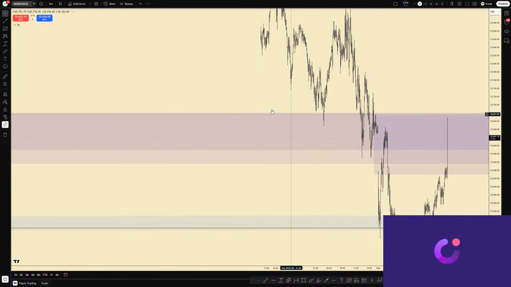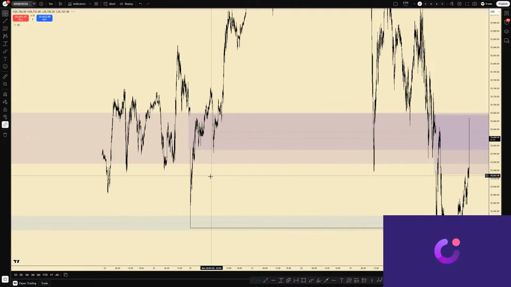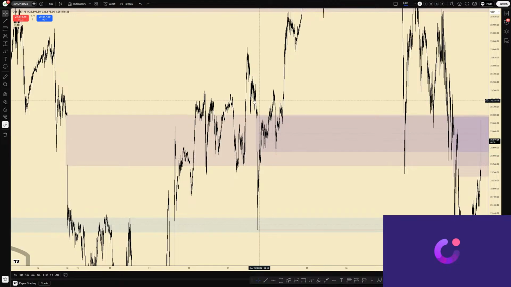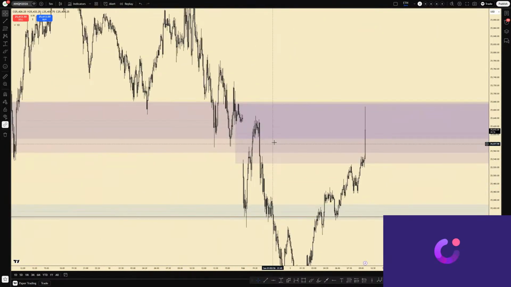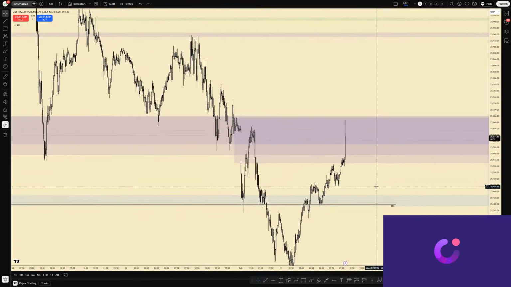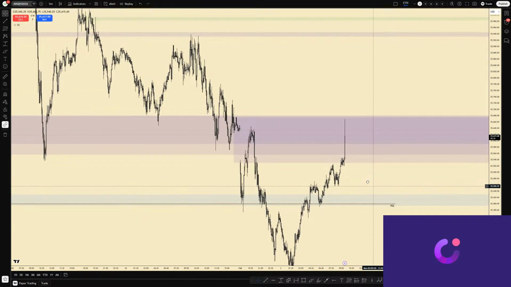When many gaps are stacked like this, there's this gap and inside of it another gap, and now the current week's gap. These gaps most of the time act as a magnet.